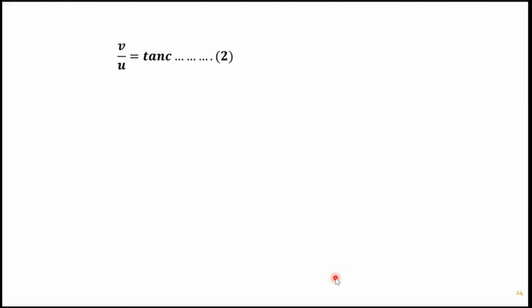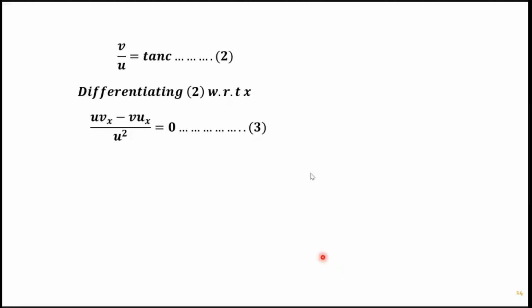u by v method apply करना है, तो क्या होगा, what will be the numerator? पहला term क्या आता है, denominator into the derivative of numerator. तो हम लोग लिखेंगे u into derivative of the numerator with respect to x, तो vx, minus u into derivative of denominator with respect to x upon denominator square. ठीक है, u by v क्या होता है, v du minus u dv upon v square.